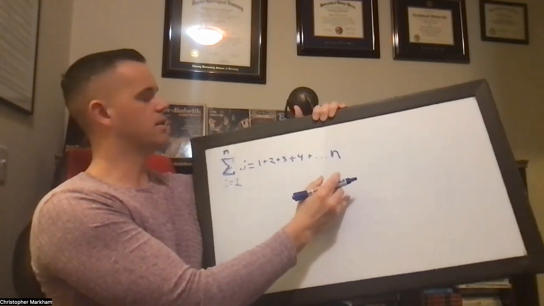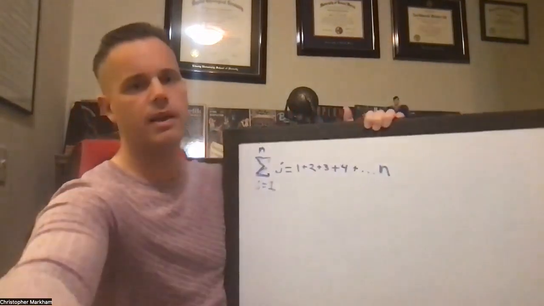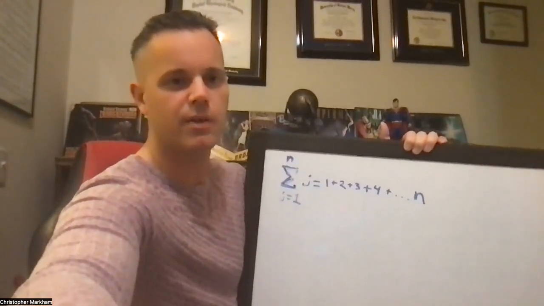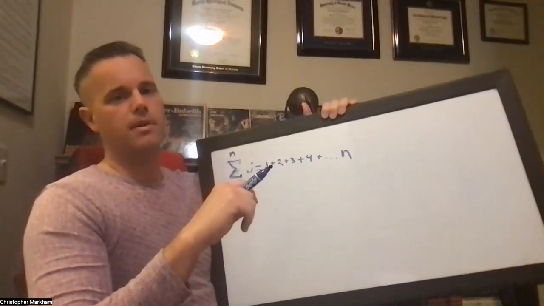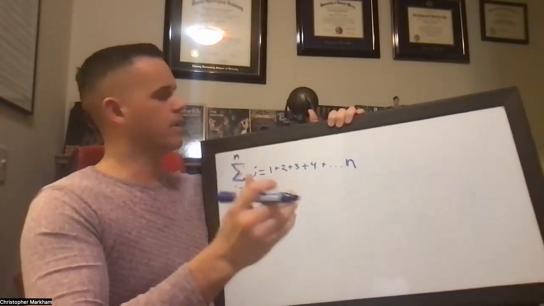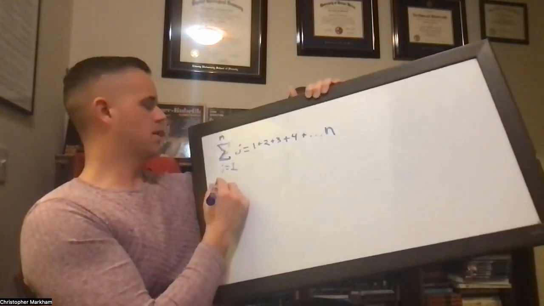All right, so you can see how that works out. What that essentially means is the sum of all the elements from 1 through n.